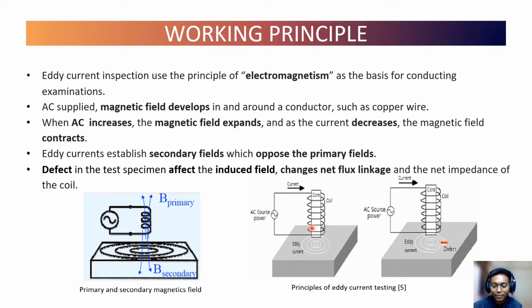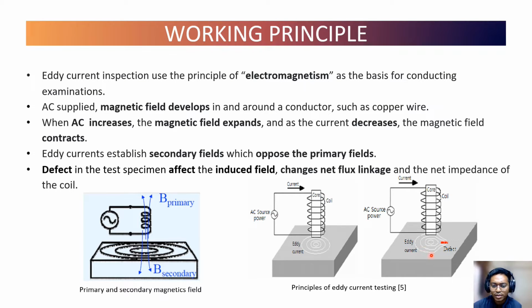Let's look at the secondary field here. This is the normal condition where the specimen does not contain any abnormalities. This is the specimen that contains a defect, and the defect changes the induced field, changes the flux linkage, and also changes the impedance of the coil.